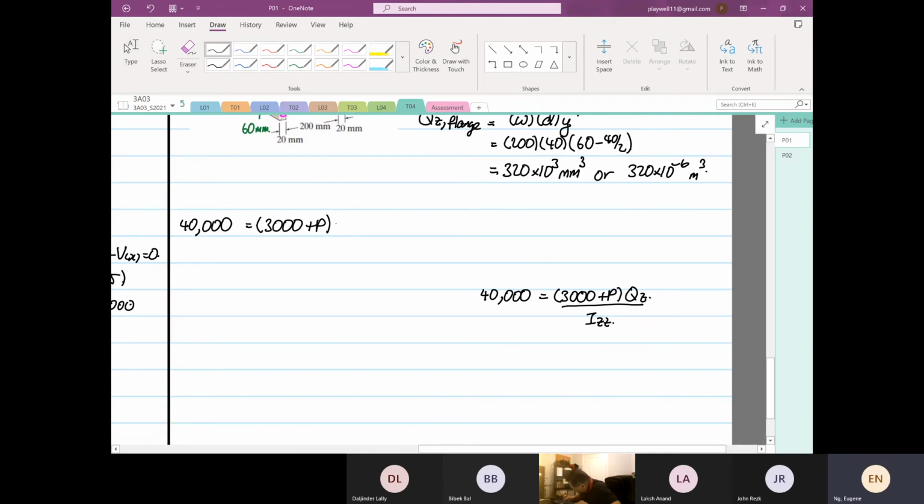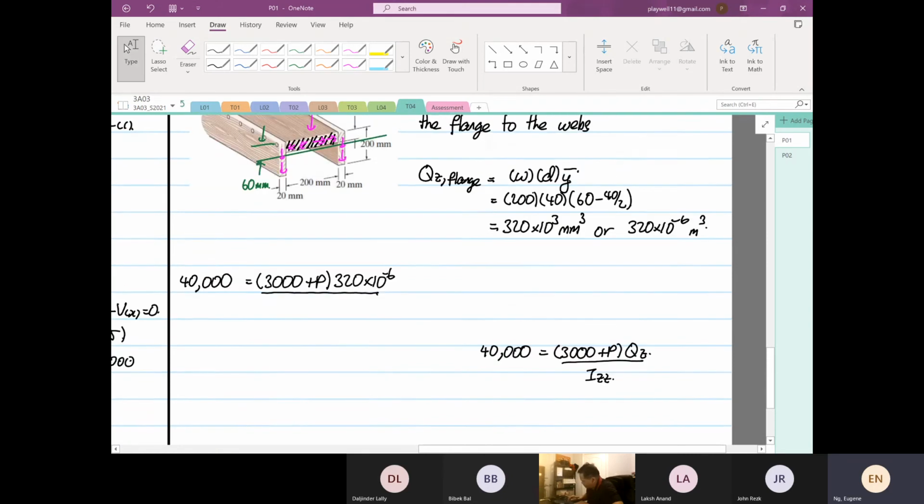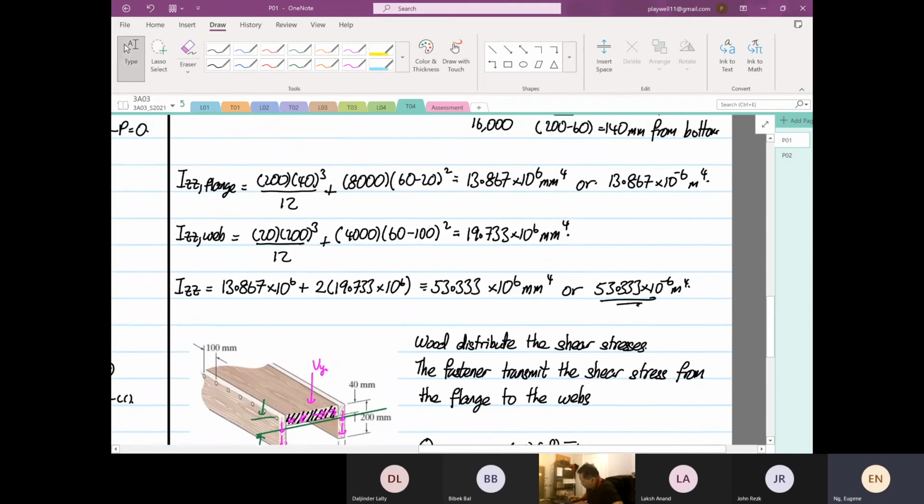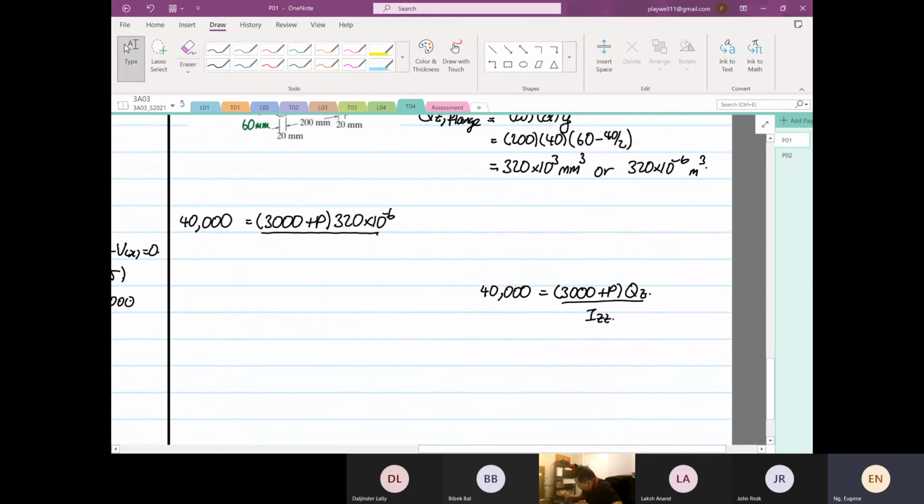Q_Z is equal to 320 times 10 to the power minus 6, divided by I_ZZ, which is equal to 53.333 times 10 to the power minus 6, right? So with this, we can solve for P, right?